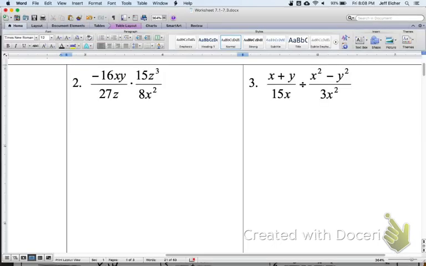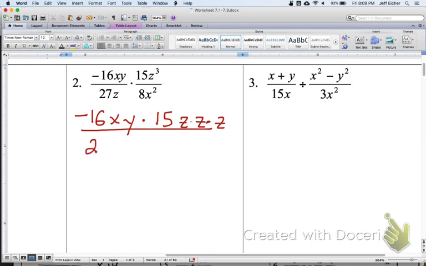Number 2, we have rational expressions with monomials. So we can divide out common factors. Maybe I'll do it this way just for explanation's sake. We have negative 16xy times 15 z times z times z.